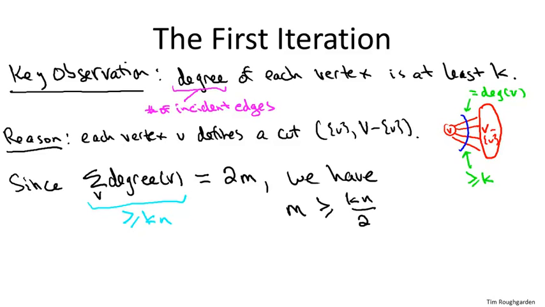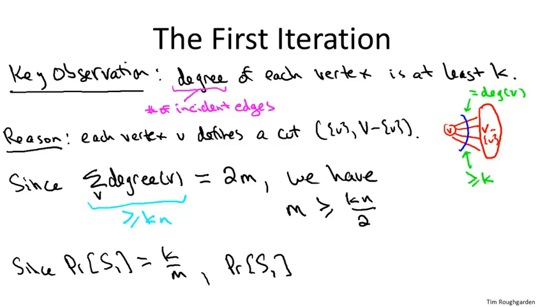Putting this together with your answer on the quiz, since the probability of S1 is exactly k over m, and m is at least kn over 2, if we substitute, we get that the probability of S1 is, at worst, 2 over n, 2 over the number of vertices, and the k cancels out.